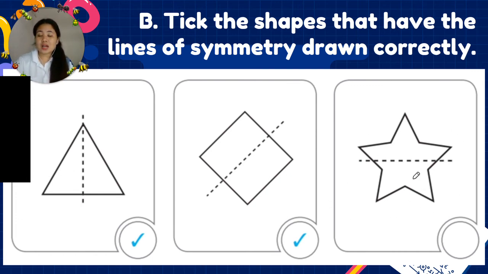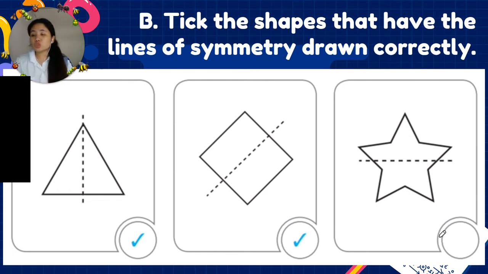Okay, how about this shape? What is that? A star. Is star a symmetrical shape? Yes, star is a symmetrical shape, but it depends on the line of symmetry. Look at this. So the line of symmetry is here. So does it have identical parts from the top and the bottom? No, it's not.